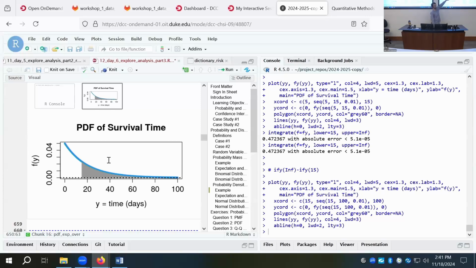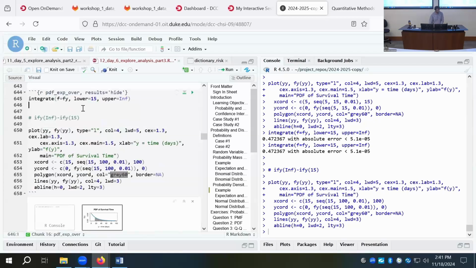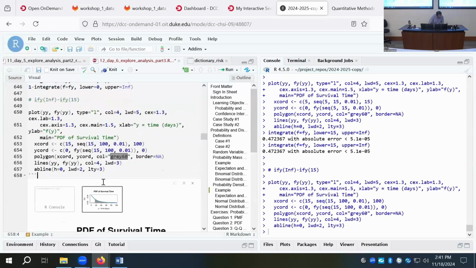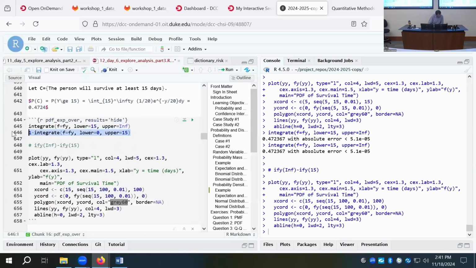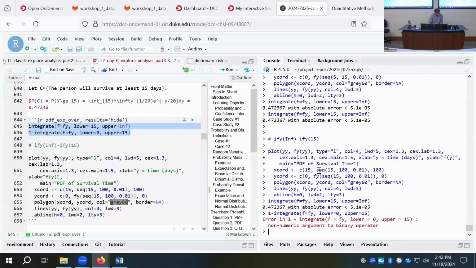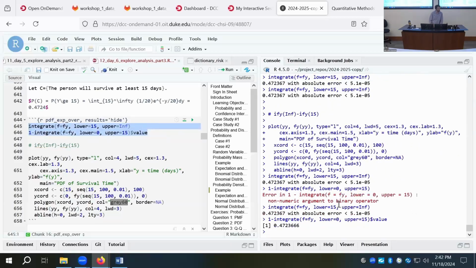So if we're interested in this area, another way we could calculate it is 1 minus this area. So if we do 1 minus integrate from 0 to 15, oh, I forget the value part. These should give the same value, right?